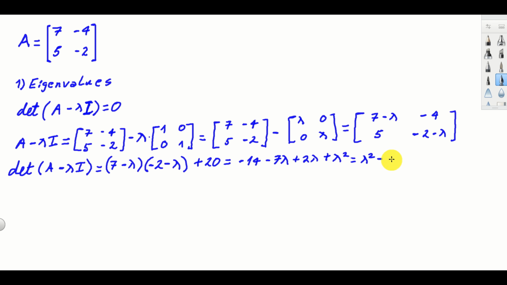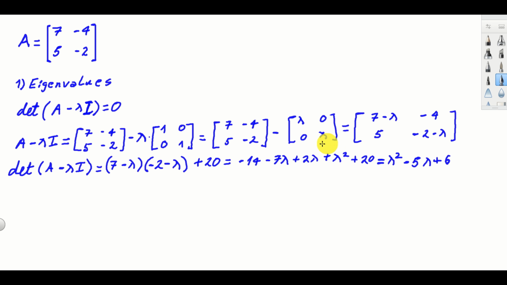Then we have minus, of course I forgot here, let's not go too fast, plus 20, okay? And then this becomes lambda squared, then we have minus 5 lambda, and over here we will have 20 minus 14 actually becomes, let's see, plus 6.